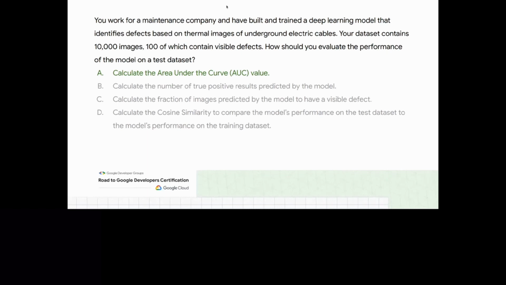If our model totally forgets about them and makes a mistake, we still have a 99% accurate model. They calculate the number of true positives, which is an absolute number, or the fraction of images predicted by the model to have a visible defect. Both look at the absolute number. That fraction would be really small, and that absolute number of positives would also be small.